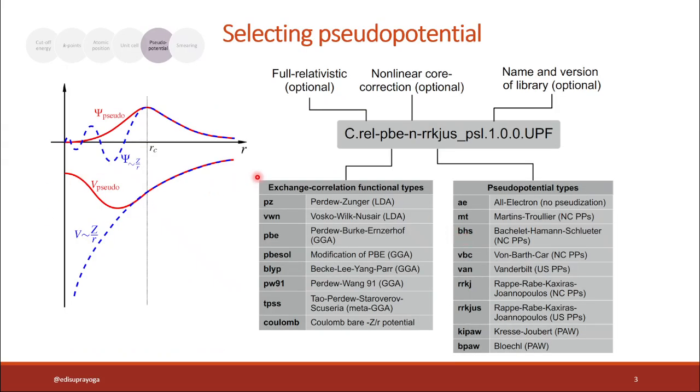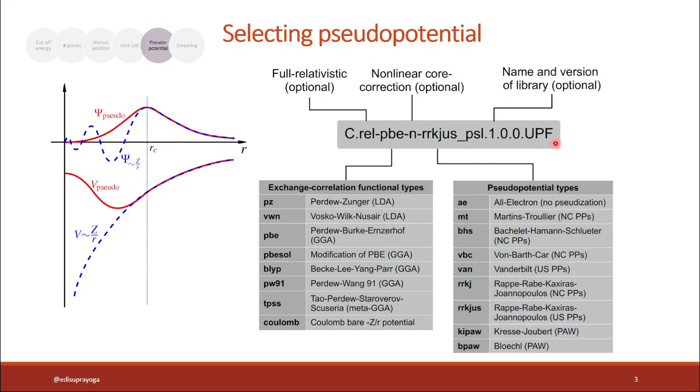Pseudopotential is an approximation of the atomic potential to minimize the number of plane wave bases, and it contains various information for simulating the system. The pseudopotential in Quantum Espresso is used in UPF format.